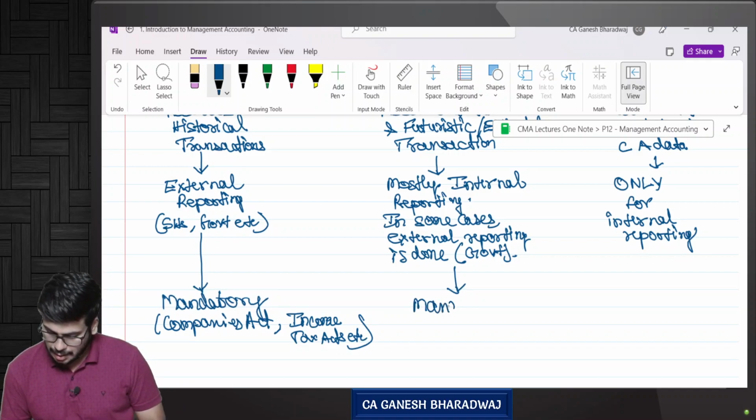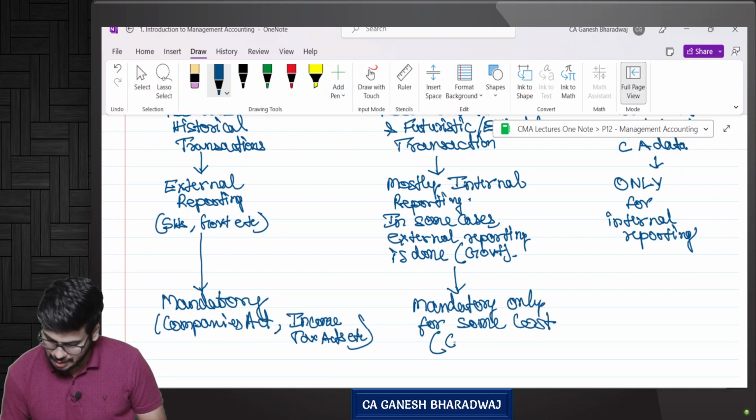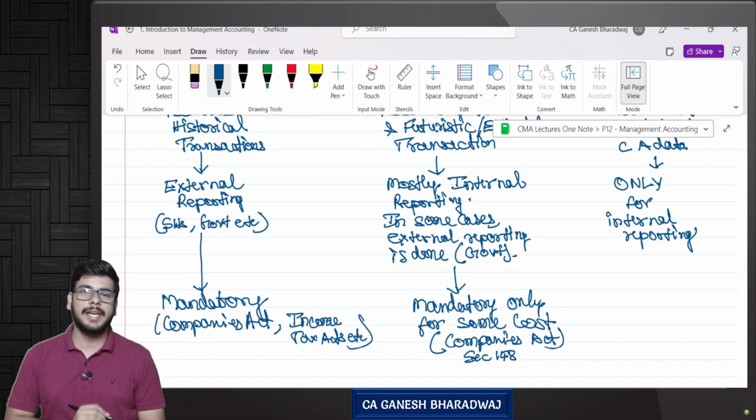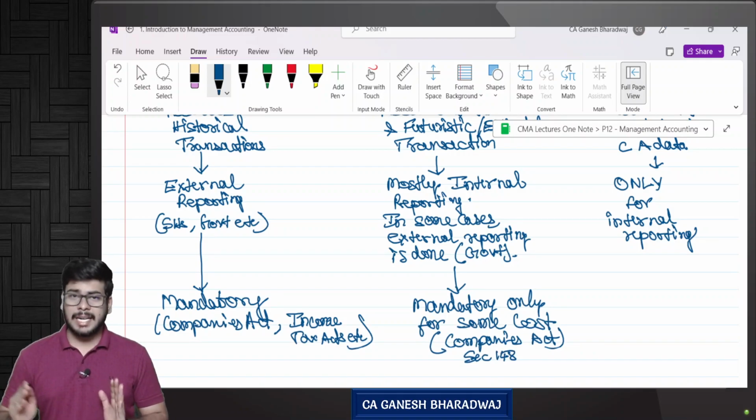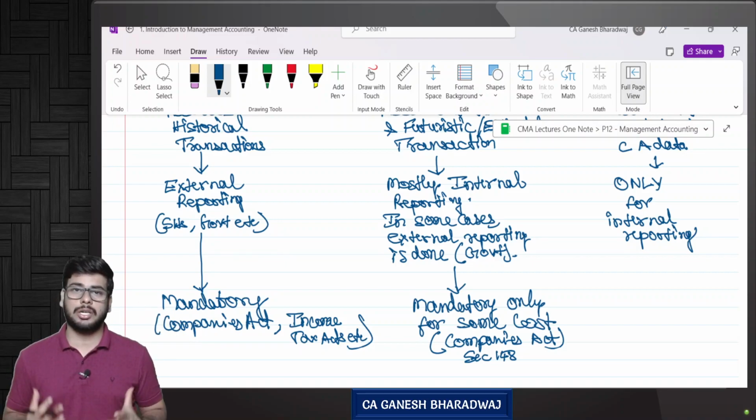It is mandatory only for some companies. This is prescribed under the Companies Act. If you want to be more specific, there is a section called Section 148 of the Companies Act that clearly lists which kind of company should maintain the cost accounting data.